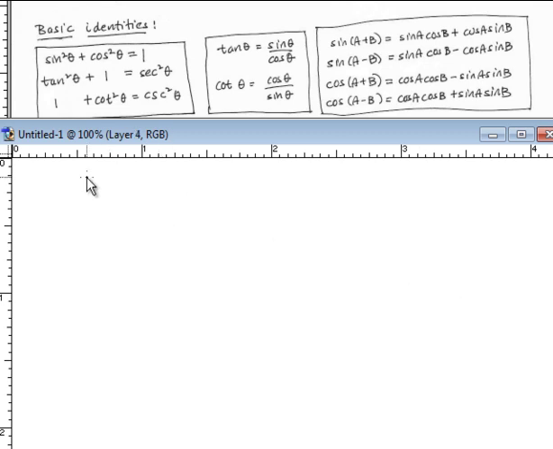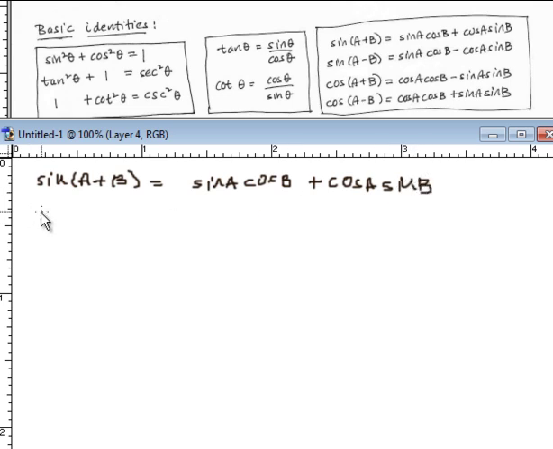Let's look at this one, sine A plus B. I assume that this is pretty basic, so I assume that your teacher covered this. You just have to remember these. Sine A plus B is sine A cosine B plus cos A sine B.